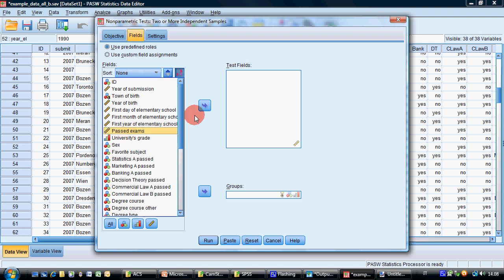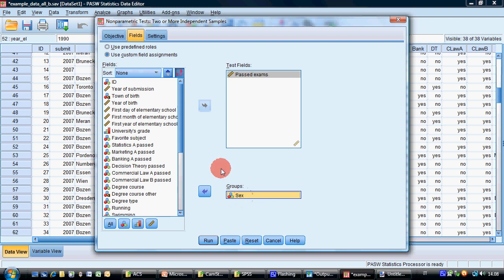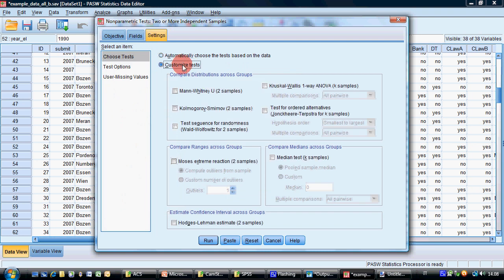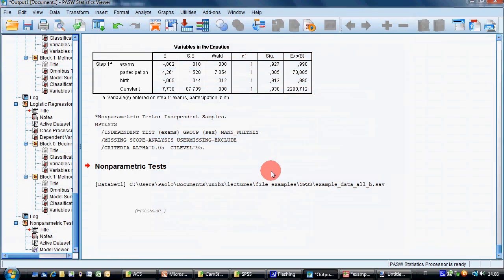So let's check whether the distribution of passed exams is different between male and female. It's the same thing that we have done when we were talking about the student t-test for two populations, with the difference that the student t-test was analyzing the averages and Mann-Whitney is analyzing the position. Settings, customize test, Mann-Whitney U. Run. It gives you a straightforward answer.